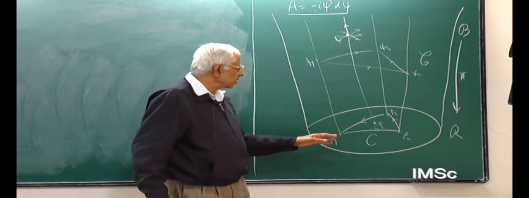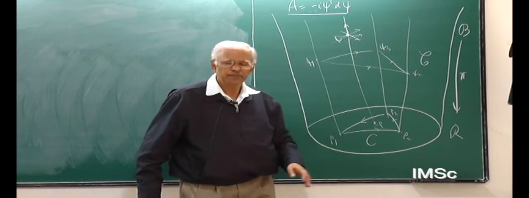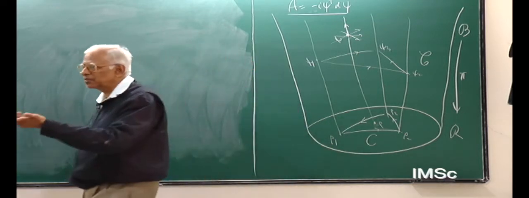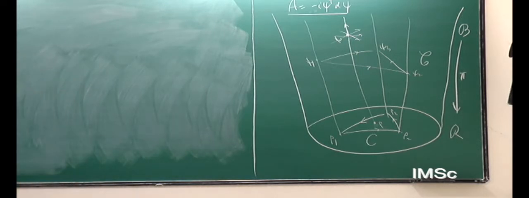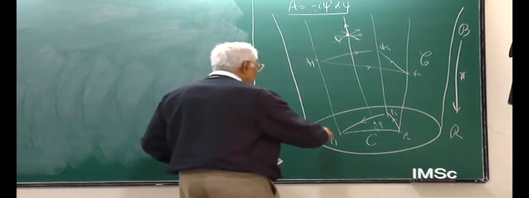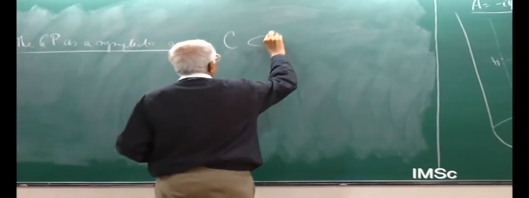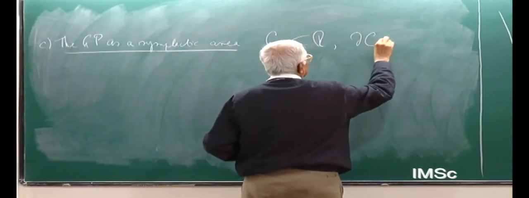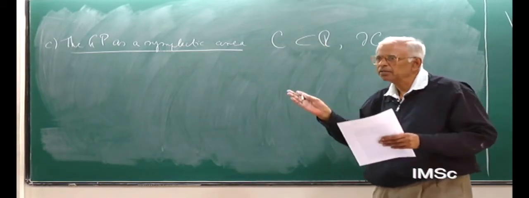On the other hand, if from the beginning I had a closed loop in the ray space, I don't have to go through this operation. I already know how to define the geometric phase. So I may assume without loss of generality that I am dealing with a curve in ray space which is closed. If it was not closed, I will use the Samuel Bhandari prescription.